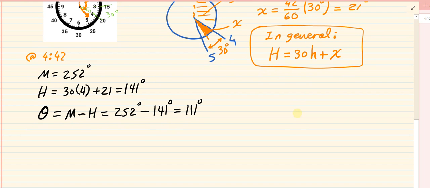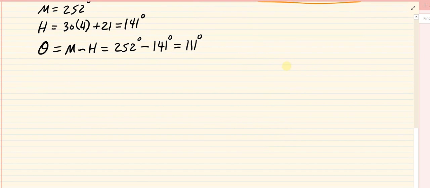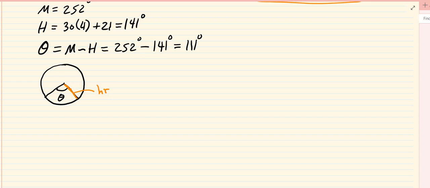Now our focus, remember, is in finding the general formula. So here's how I can do my general formula now. If I draw a circle here that represents the clock, and suppose this is the measure of angle H, in red, this is the hour hand, and let me use a different color, this is the minute hand.